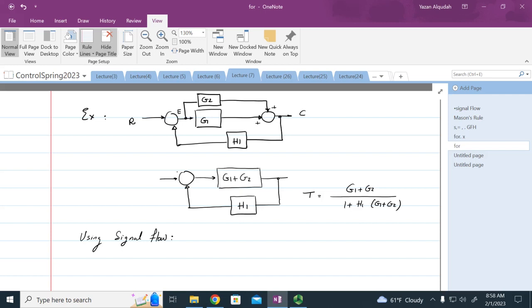I don't know if that's true. Is H1 being subtracted? Yeah. I could be wrong. Anybody got it?